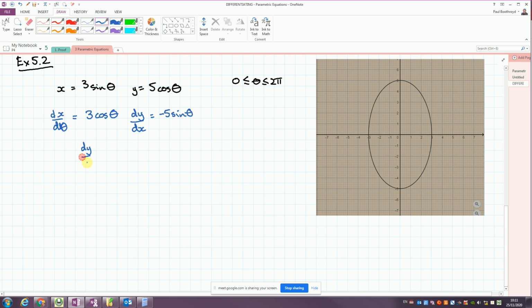So my function for dy dx, the gradient in terms of an angle theta, is the y part, dy d theta, divided by the dx d theta. Okay, so there's my differential. So we can actually say things like, where is the slope 1?